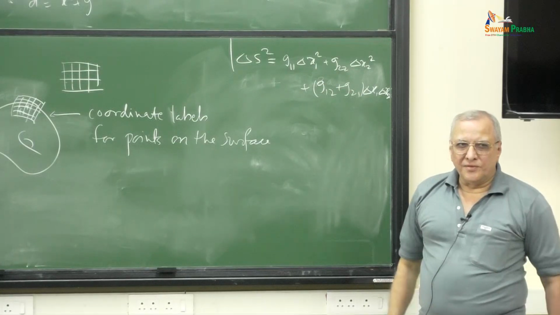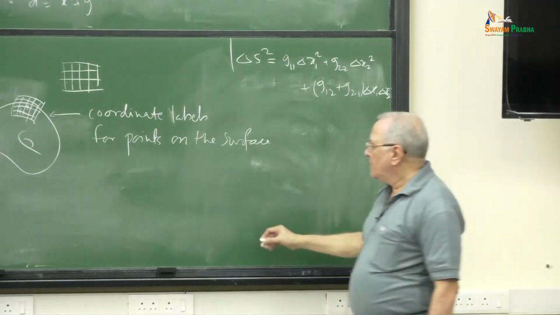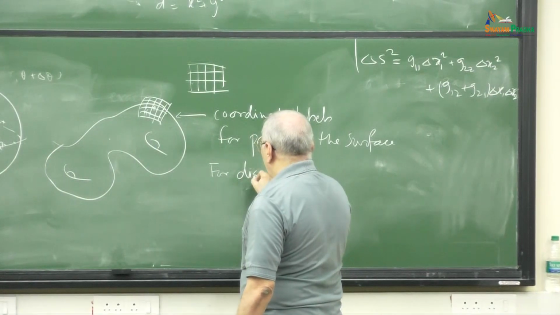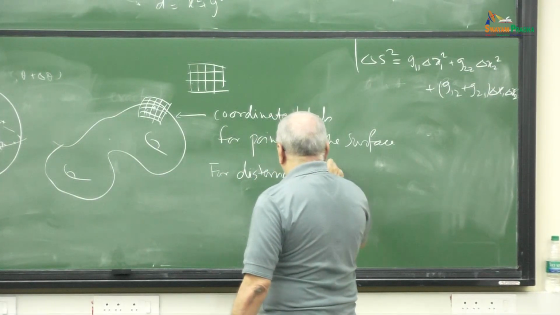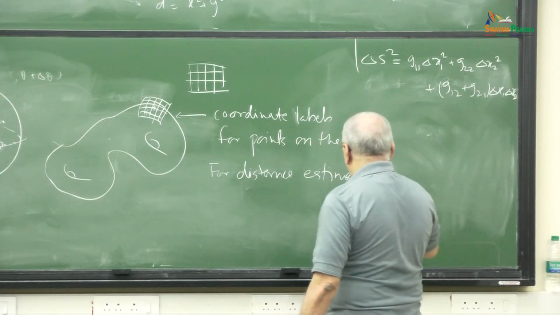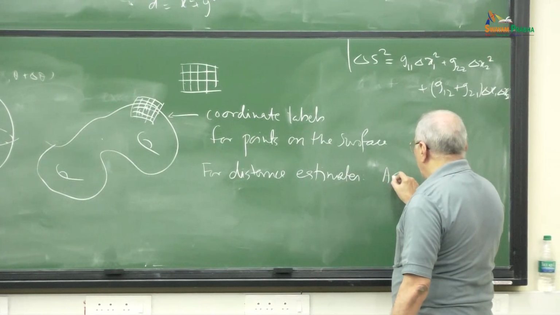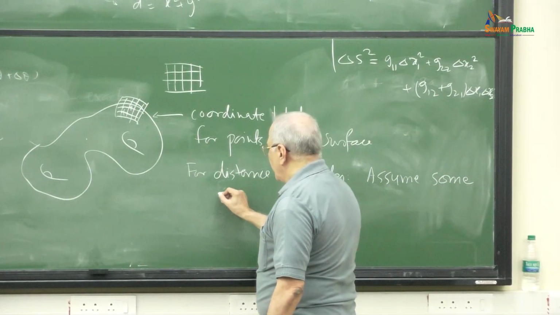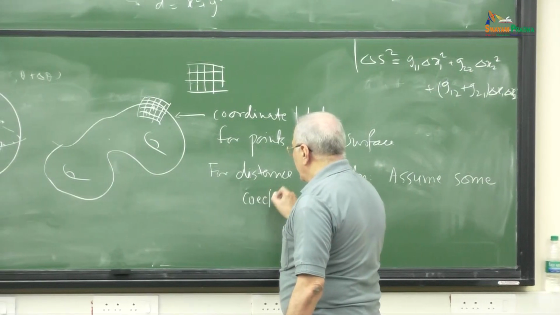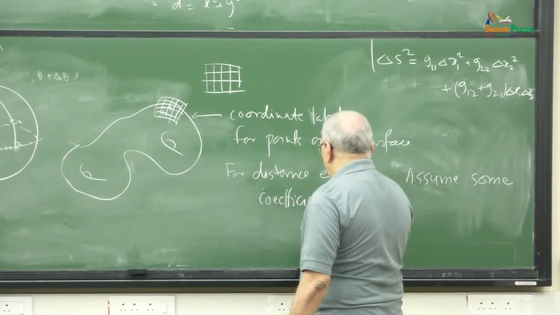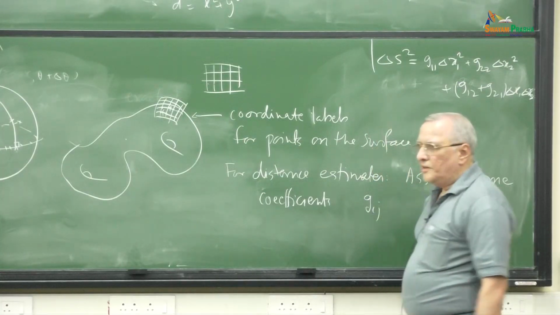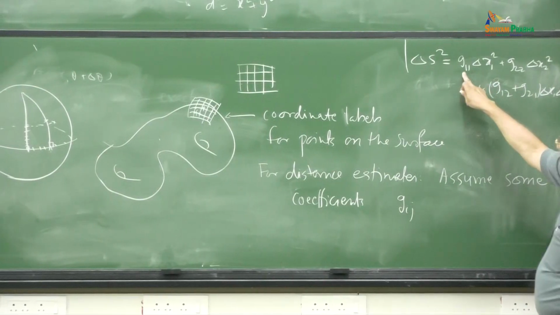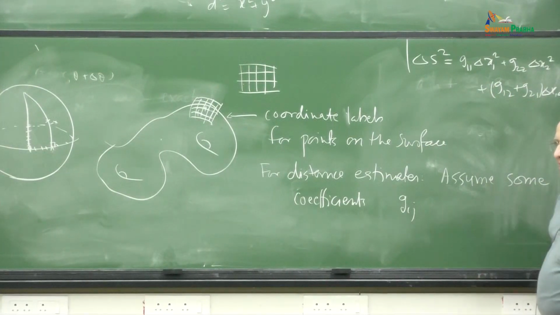So I postulate that there be some coefficients for distances, I will call them Gij. These i, j are 2 labels, each one taking values 1 and 2, just as here 1 1, 1 2, 2 2 and so on. So Gij, they take 2 values.